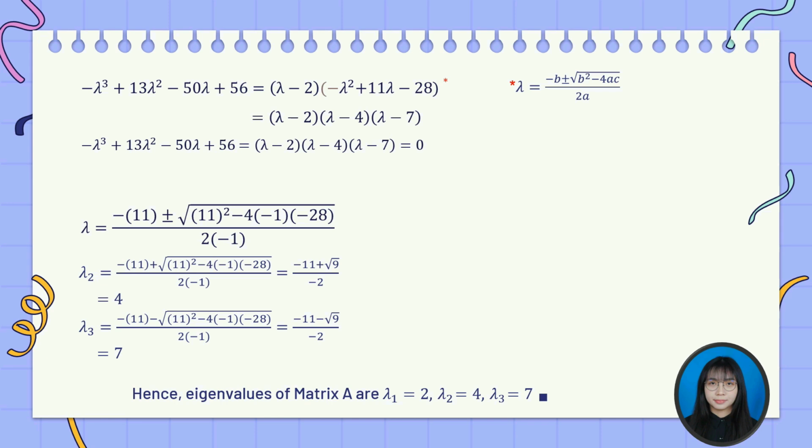Therefore, to solve this quadratic polynomial, we use the quadratic formula, lambda equals minus b plus or minus square root of b squared minus 4ac, divided by 2a. Then we obtain that the second lambda is equal to 4 and the third lambda is equal to 7. Hence, the eigenvalues of matrix A are lambda 1 equals 2, lambda 2 equals 4, and lambda 3 equals 7.